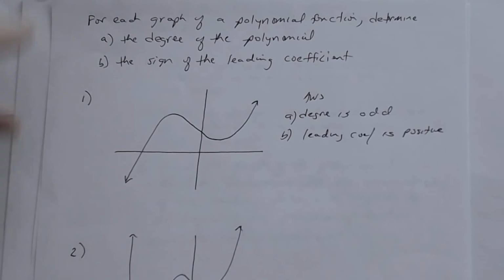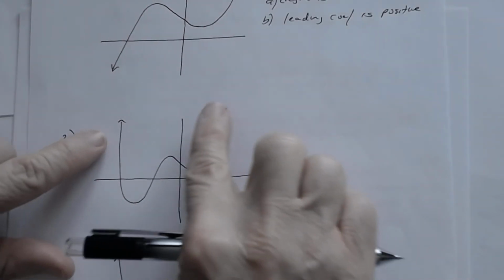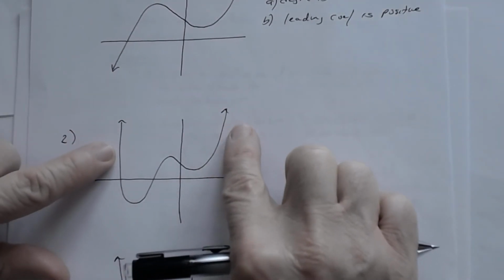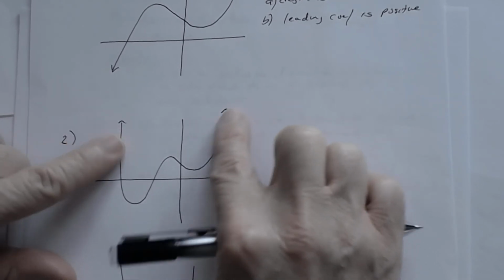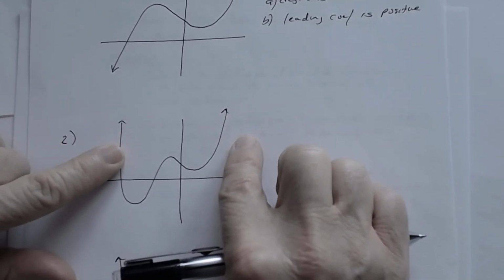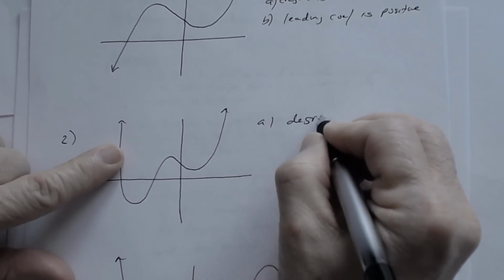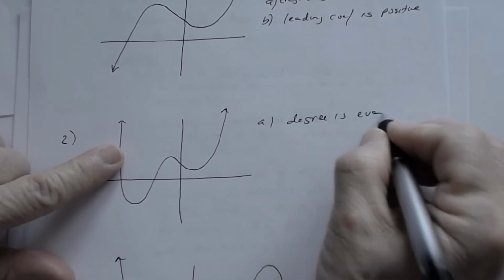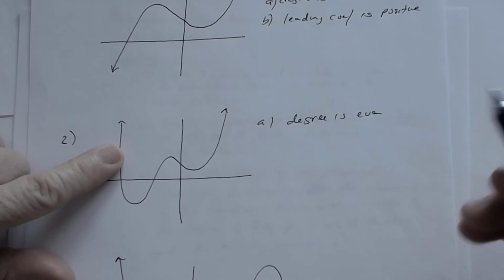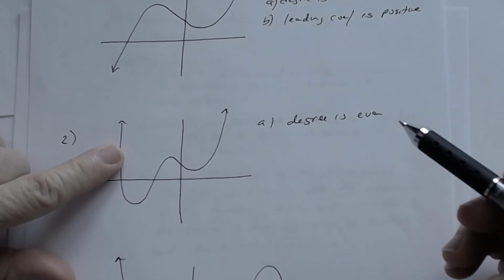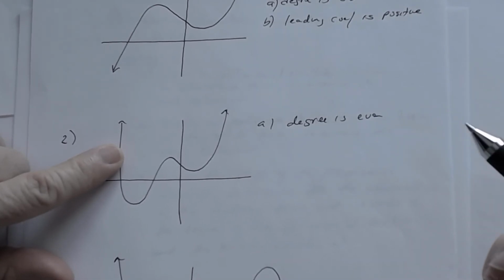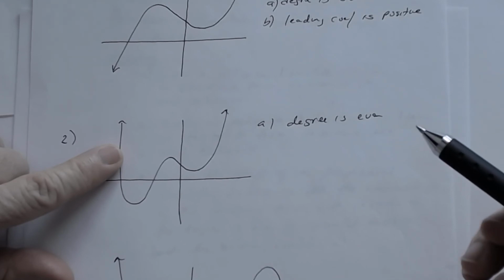All right, number two. Number two, notice the end behavior. So the behaviors on the ends. So right here, they're both pointing up. So that means the degree is even. So here, the degree is even. All right. Now we don't know what it is. We just know it's even, and that's fine. That's all you want to know here. The degree is even.